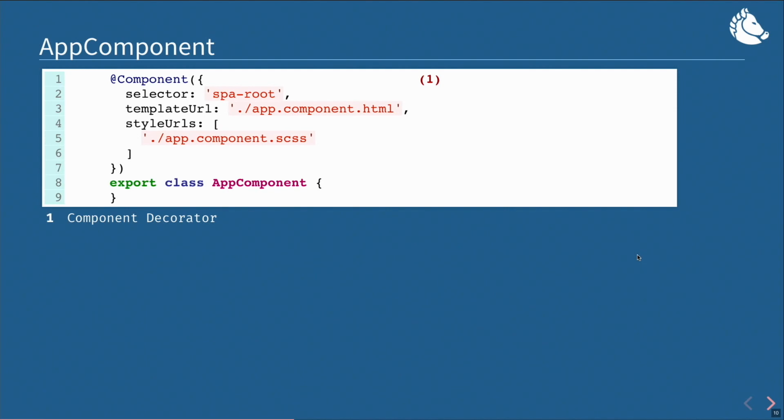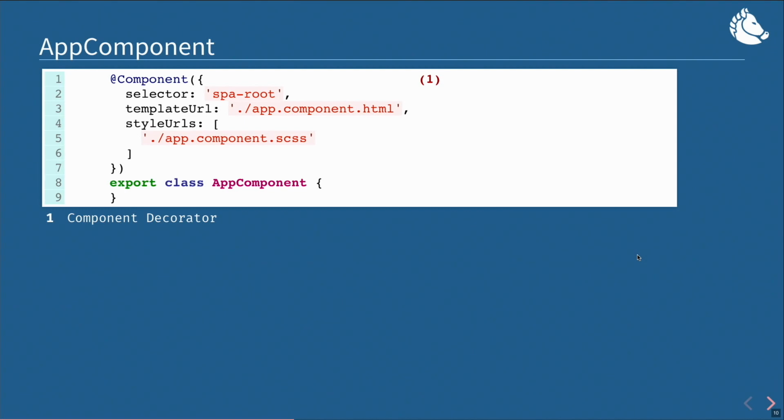So the first thing it has here is a selector, and that's a unique name for the component, and that's what gets used in an HTML tag when you want this component to show up. So simply by taking that name, putting it in an HTML template in another component makes this component render in the other component's output.